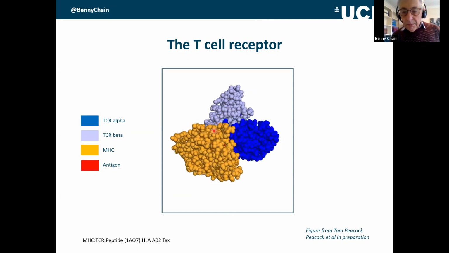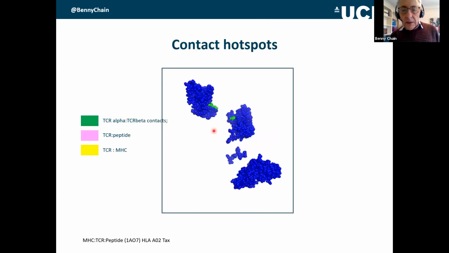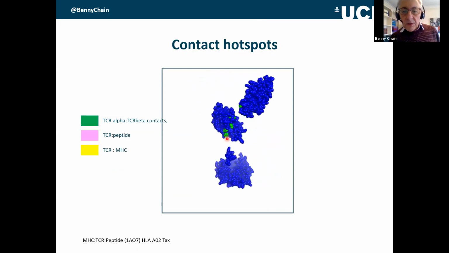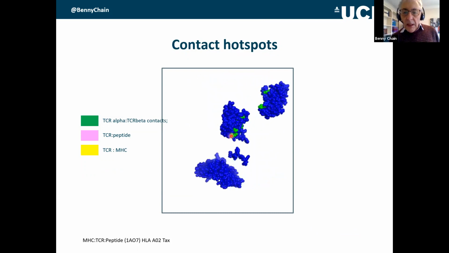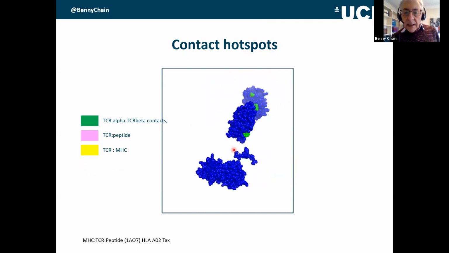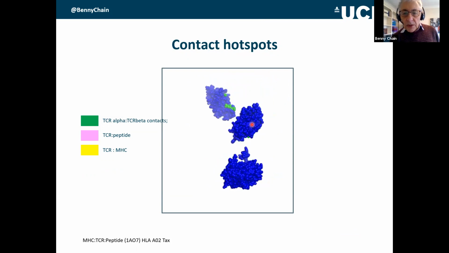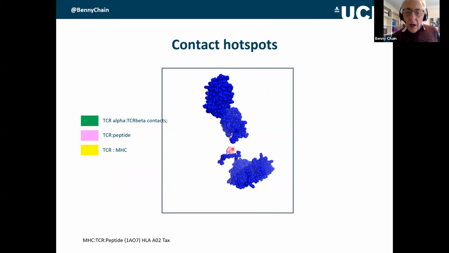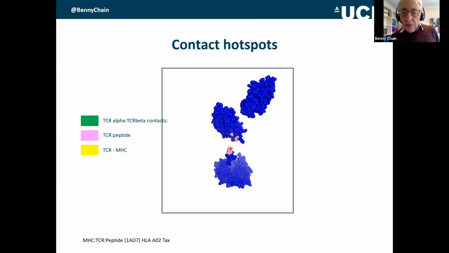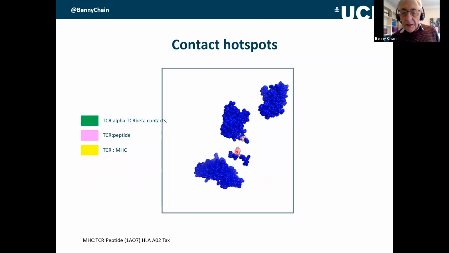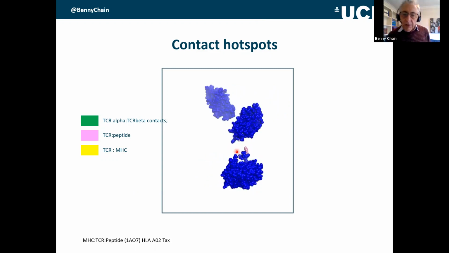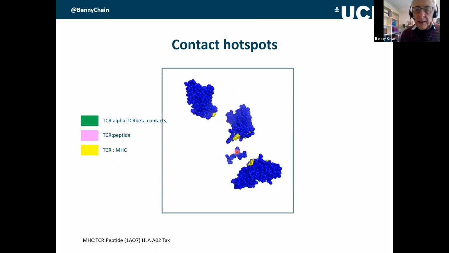Now, if you pull this structure apart like that, I've just literally pulled the structure apart, you can see here in color, here's the peptide, here's the two chains of the T cell receptor, and here's the MHC. In pink are the residues on the T cell receptor and the peptide which are in close contact, I think below 5 angstroms or something like that.